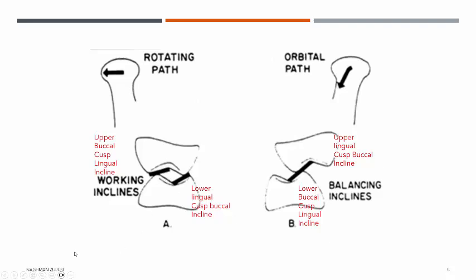Well, if we look at the teeth, keep in mind that the teeth have cusps, and if we say that this is the buccal side and this is the lingual side, this is the buccal cusp. The buccal cusp has two inclines in respect of the buccolingual situation. This is the buccal incline of the buccal cusp of the upper molar. This is the lingual incline of the buccal cusp of the upper molar.